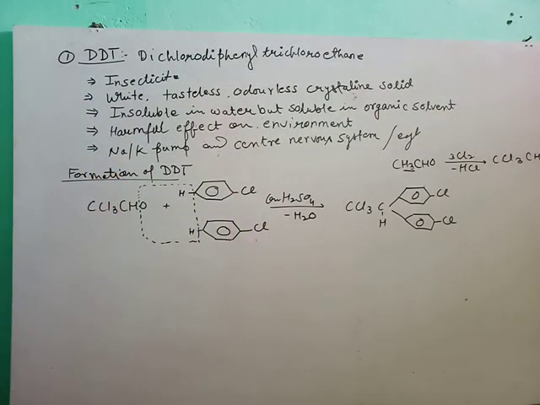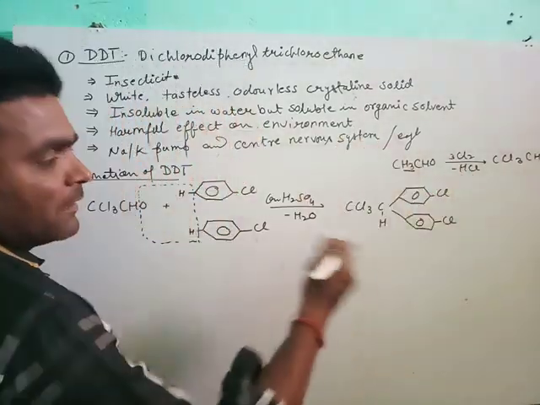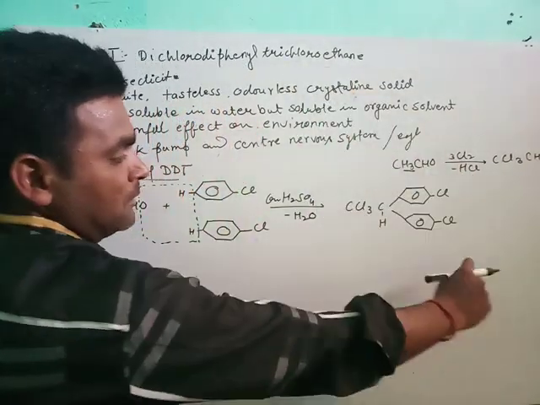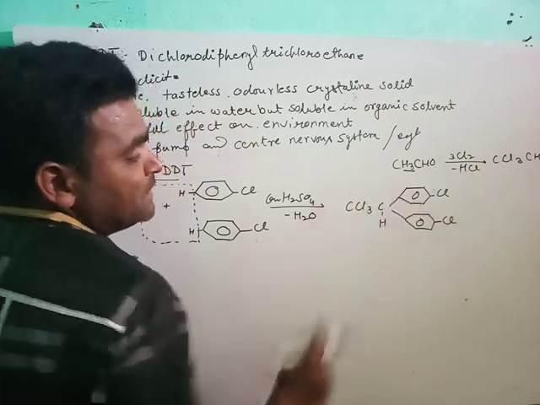How the name or full form of this compound can be learned: we read this compound from the back side. Here we see two chlorines, meaning dichloro, and 2 benzene rings.